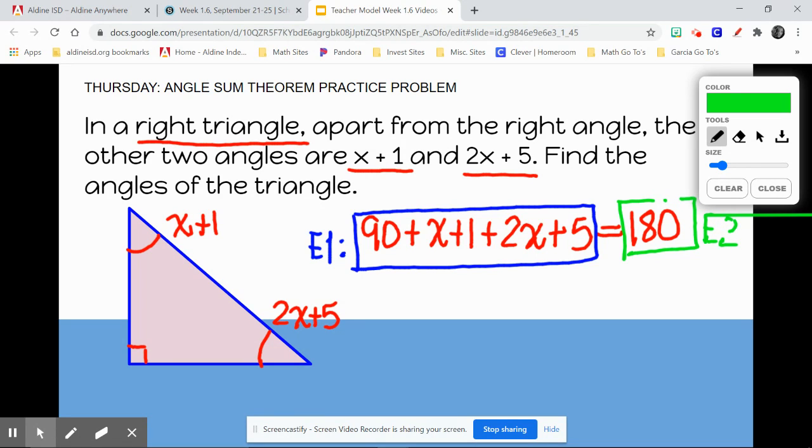Then I can solve for x. I can solve it algebraically, or I can use my algebra tiles. So I do have different methods in solving this problem.